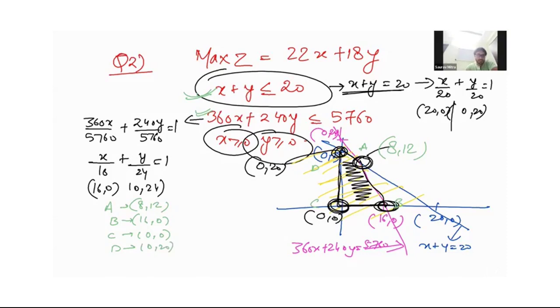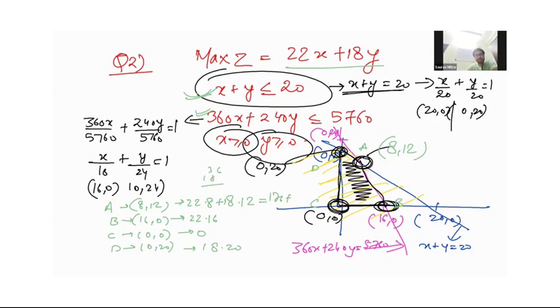So if we put these in the main equation z, this will be 22 into 8 plus 18 into 12. This will be 22 into 16 plus 18 into 0. This will be 0 and this will be 18 into 20.